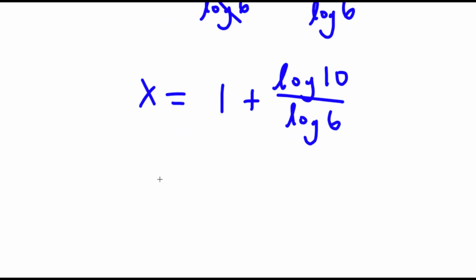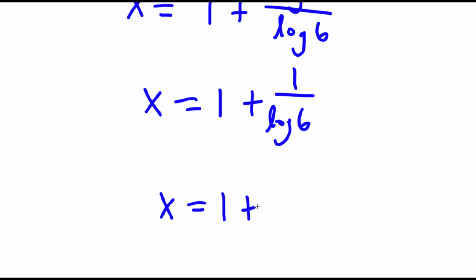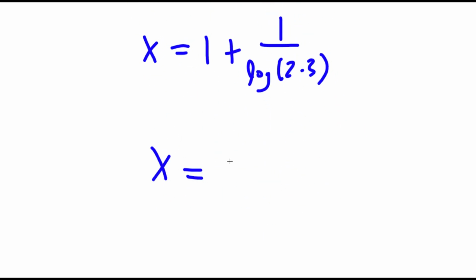Now log 10 is the same thing as 1. So now I have x is equal to 1 plus 1 over log 6. And log 6, we can rewrite that as log of 2 times 3. So now this is the same thing as log of 2 plus log of 3.